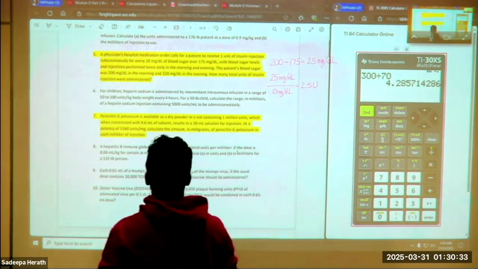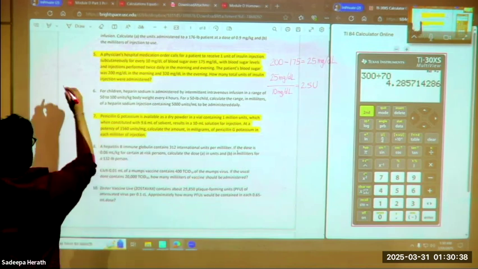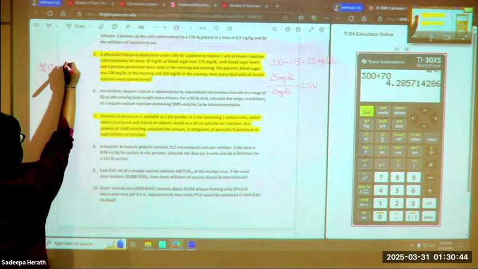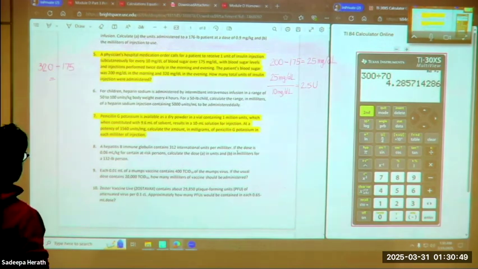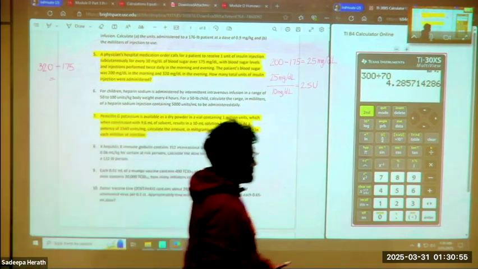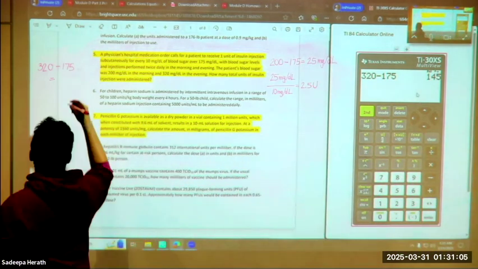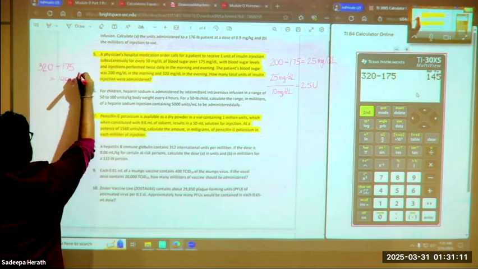Now we can look at the evening dose. The evening dose was 320, minus 175 equals, let me do a little math here, 145? Take a look: 320 minus 175, yep, 145 milligrams per deciliter.